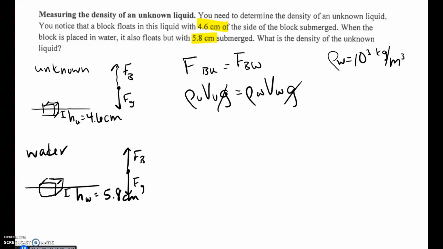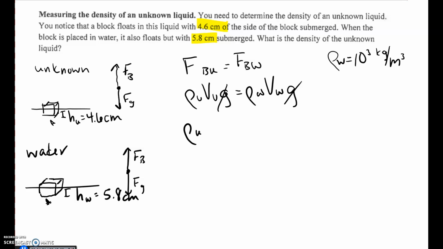All right, so looking at the information we're given, height, but in the formula we've got volume. Well, luckily, the area of these blocks below times the height of the submerged fluid is going to be the volume of the fluid displaced.